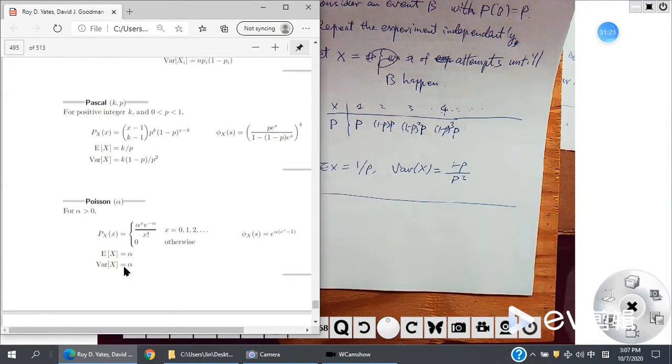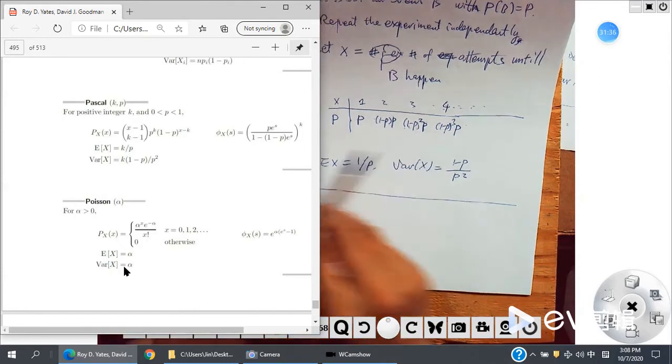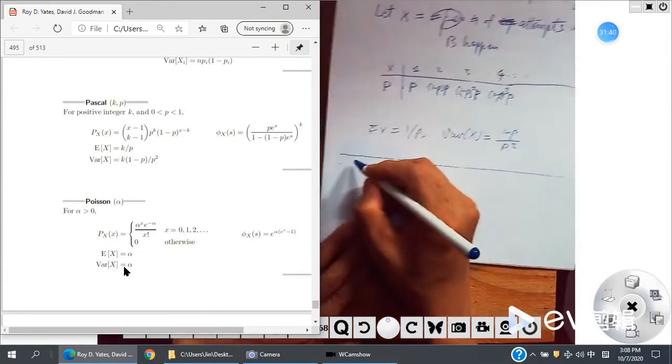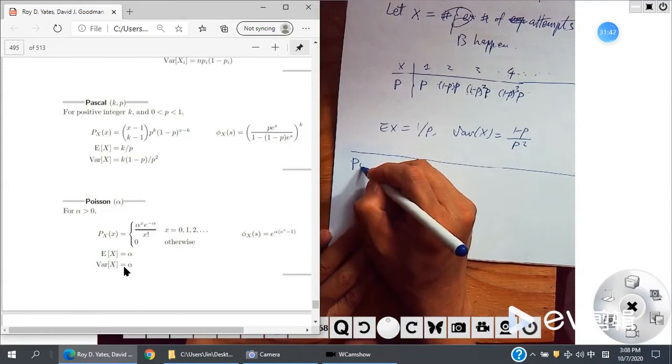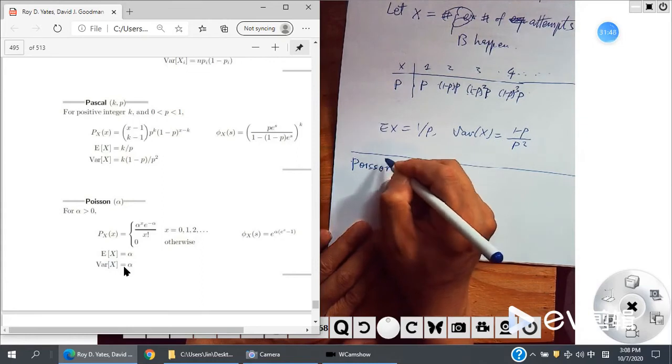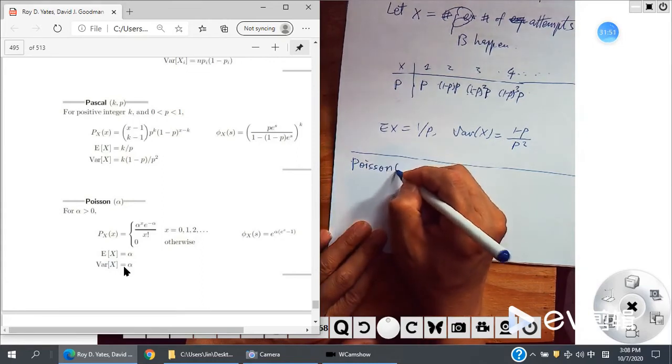Okay, Poisson. I think some physics models need this one, related with atoms or something. I'm not so sure, but in physics we need this. Okay, so this one we can also look at, Poisson alpha.